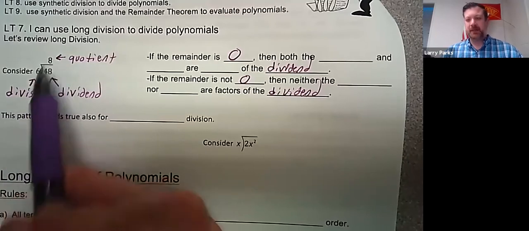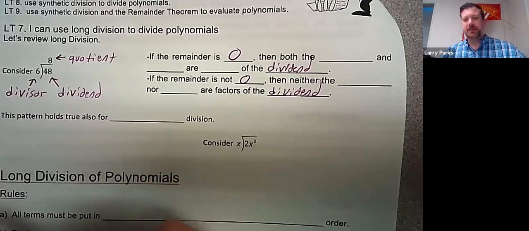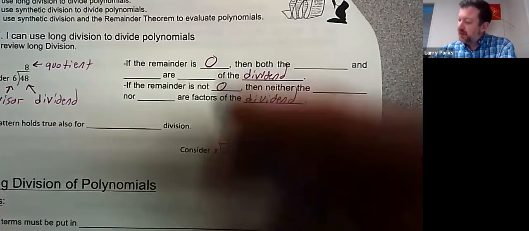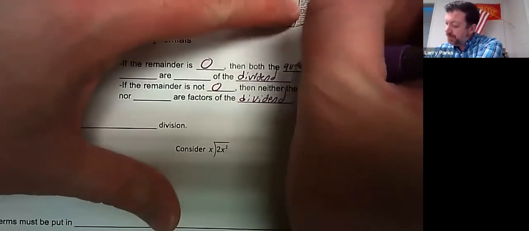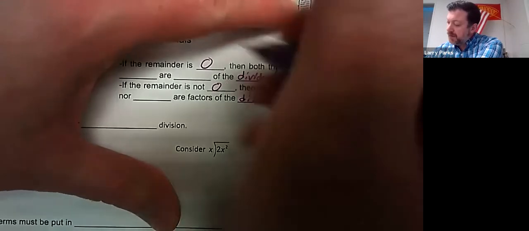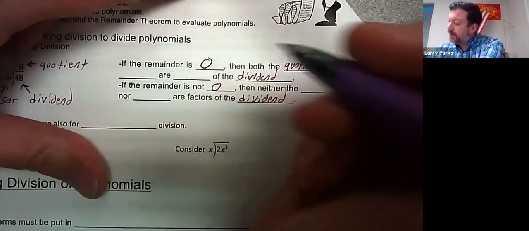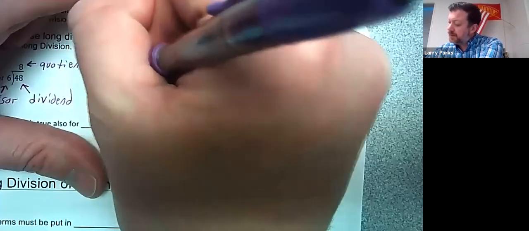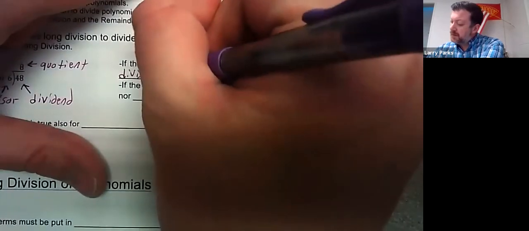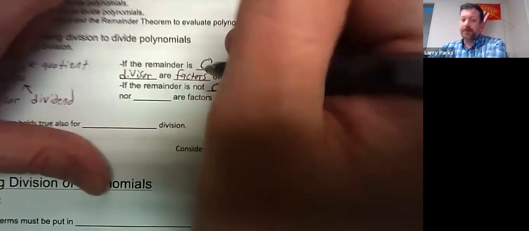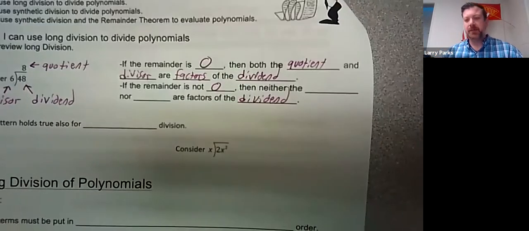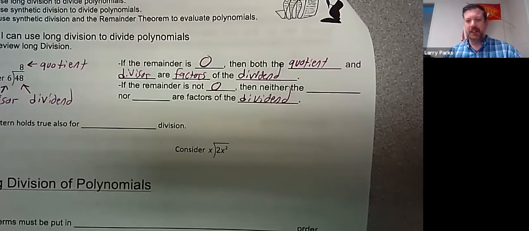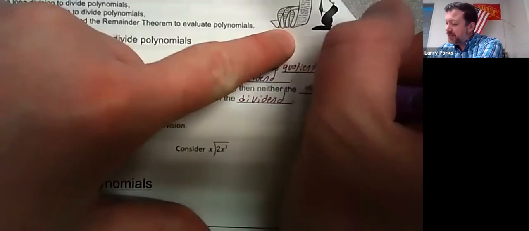That means that 6 times 8 is 48. Now, if the remainder is not 0, then neither the quotient or the divisor are factors.